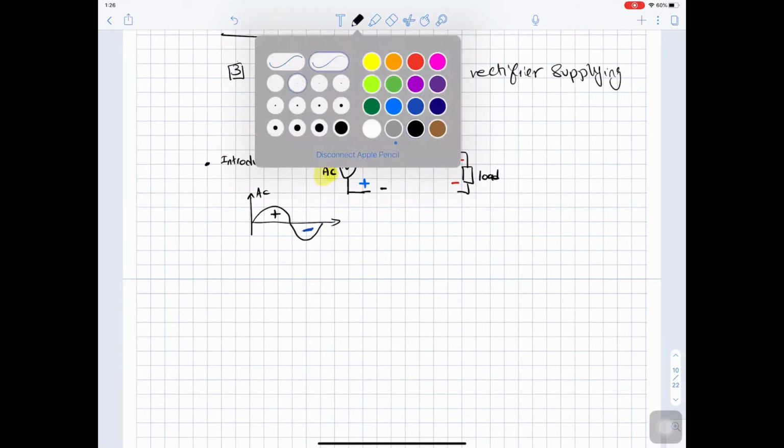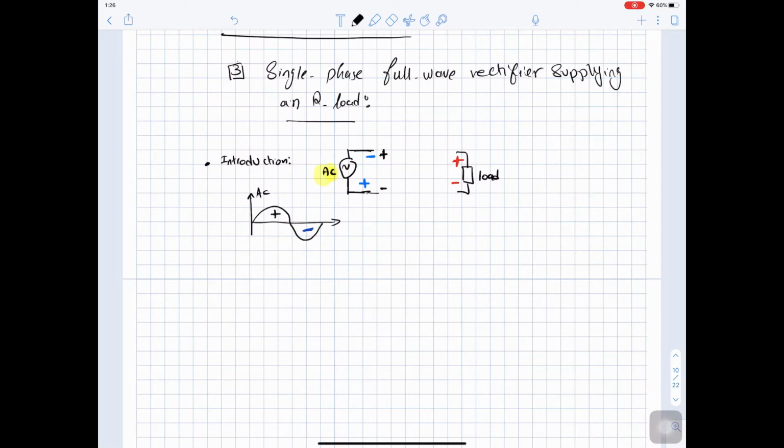So what we did, we connected this point to this point and we added here the diode. So what the diode will do, when the source is positive, the diode will be forward biased and this positive will appear here. And as you can see here we have positive and here we have positive, so the polarity is preserved.